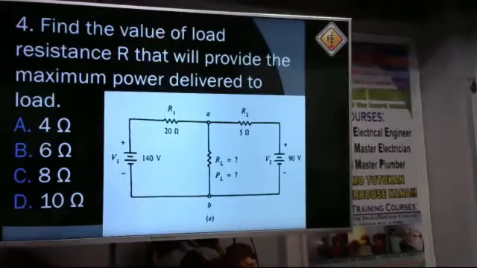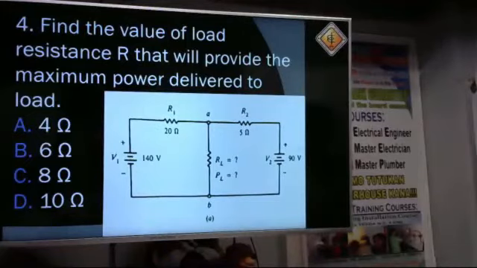This is 20 ohms. This is a 5 ohm resistor. This is our load RL. This is 140 volts. This is 90 volts.